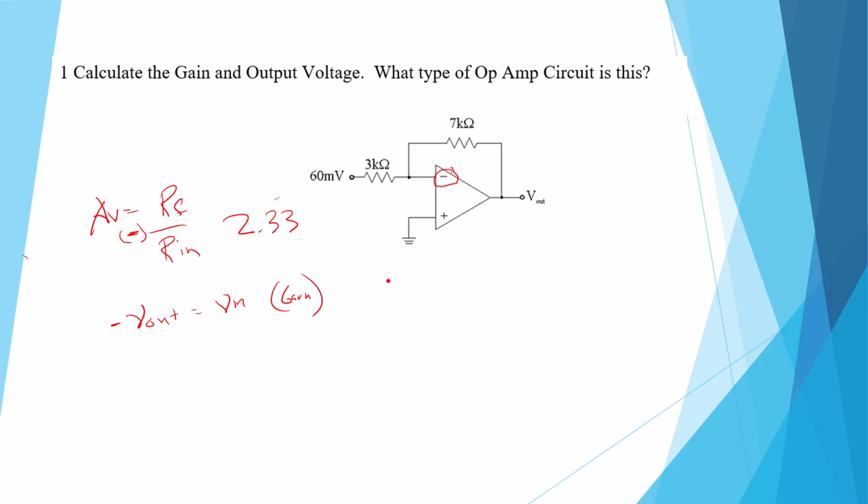Let's try that again. So 7 divided by 3 times 60 EE minus 3 comes out to 0.14 volts, or 140 millivolts, minus.